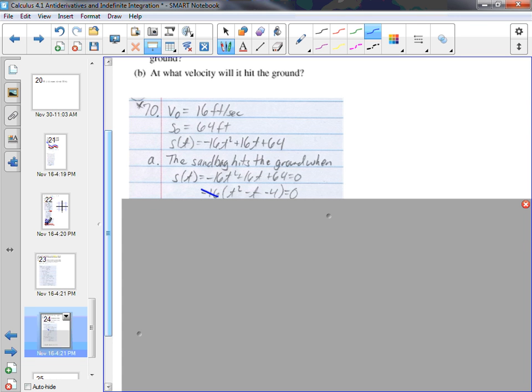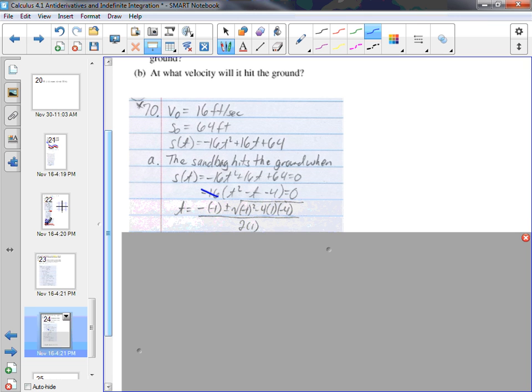It's not. So we use the quadratic formula. So t equals negative b plus or minus the square root of b squared minus 4ac over 2a. So a is the coefficient of t squared, so it's 1. B is the coefficient of t, so it's negative 1. And c is the constant, so it's negative 4.